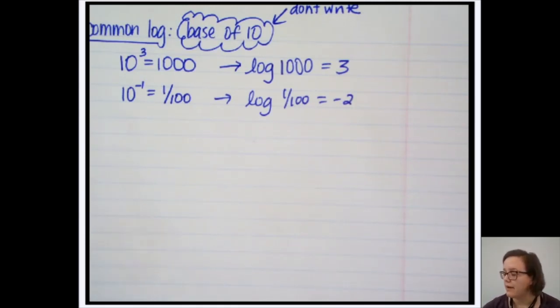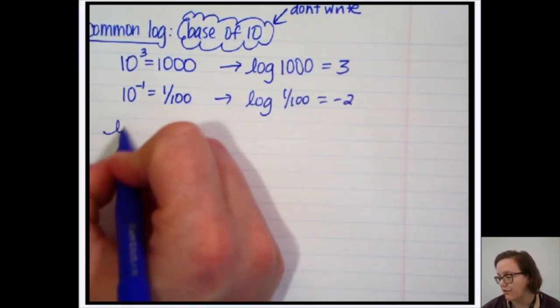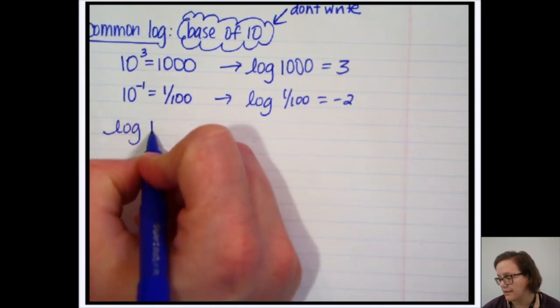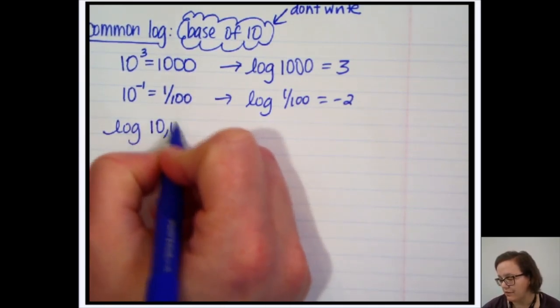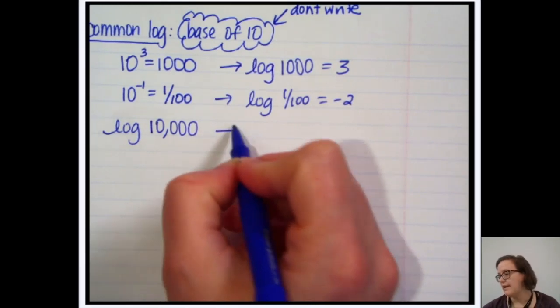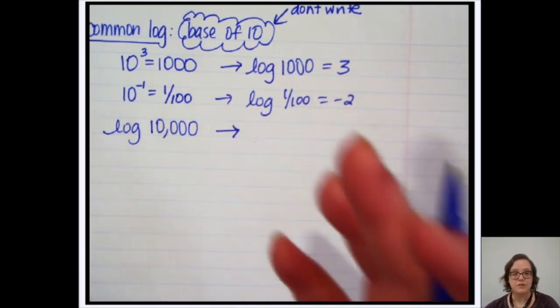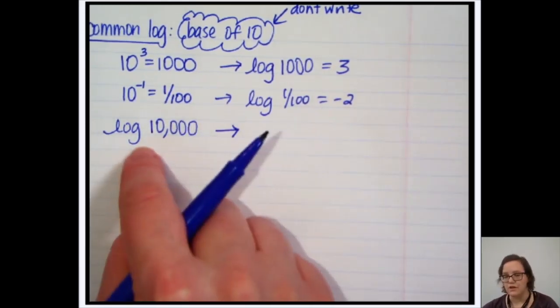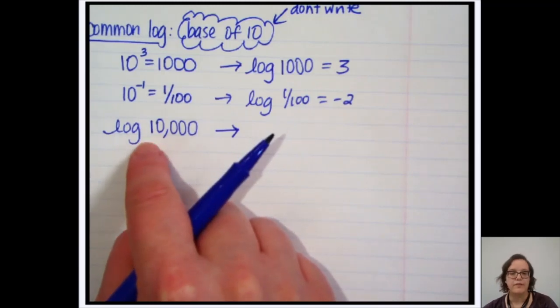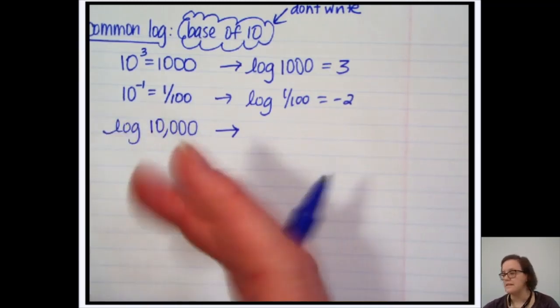Conversely, if I work backwards, let's say I have log of 10,000. If I ask you to write that as an exponential, we look for a base and there's not one. But what do we know if it's not there? It's always 10.